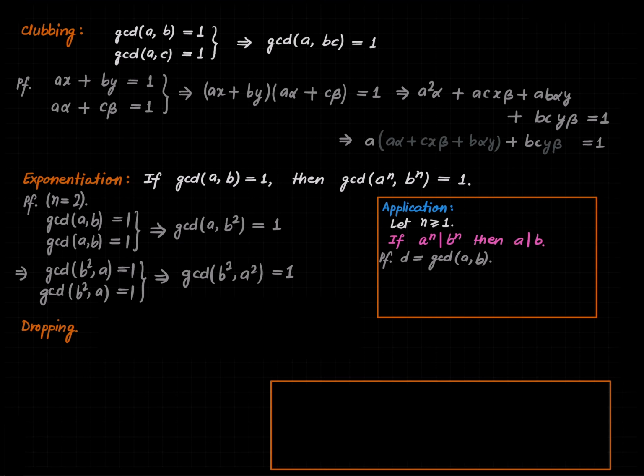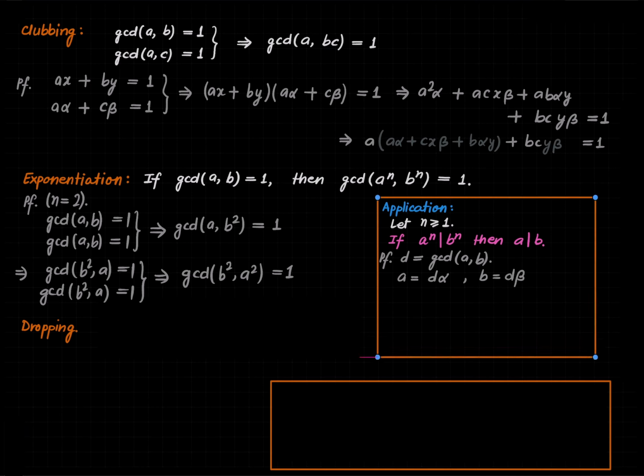But then, let's say A is D times alpha and B is D times beta, then GCD of alpha and beta is 1.